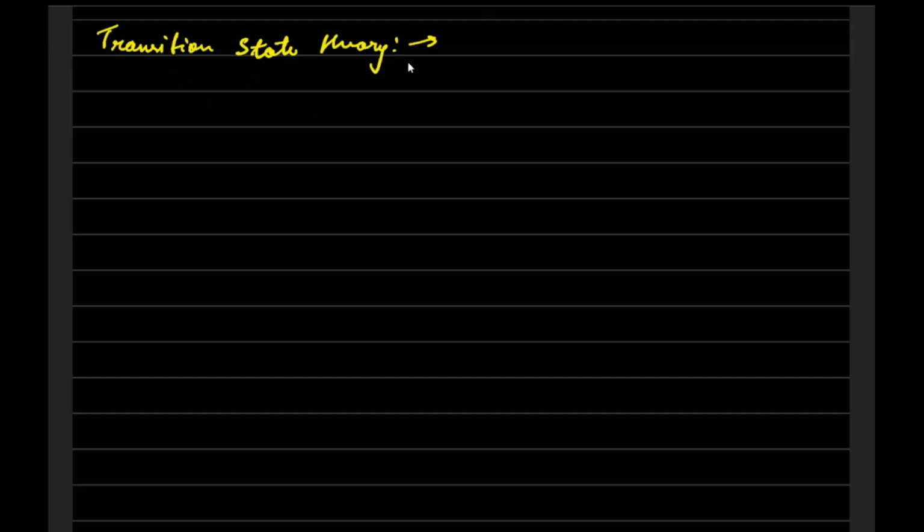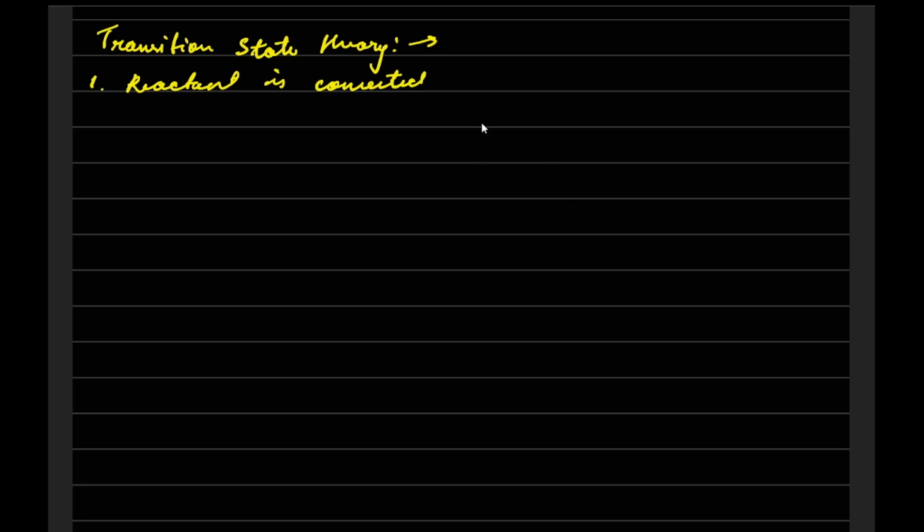Okay, so we will see a few points for the transition state theory. First one: reactant is converted to product via transition state. I request everyone, if whoever is watching this video till now, please write with me so that your notes are also formed simultaneously.